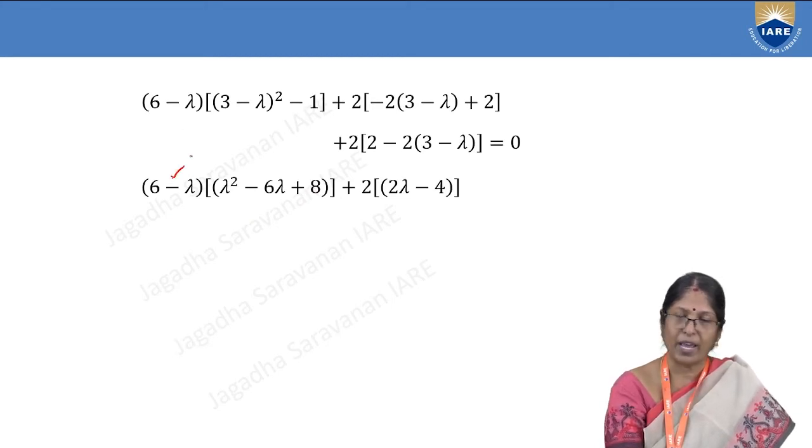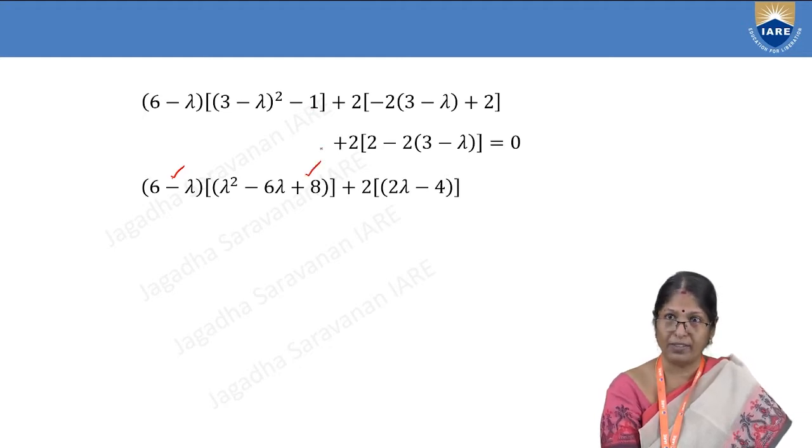3 minus lambda as it is. This is a minus b the whole square, simple formula. That is, we wrote it here: lambda square minus 6 lambda plus 9, here minus 1 joining, it is becoming plus 8, plus 2.